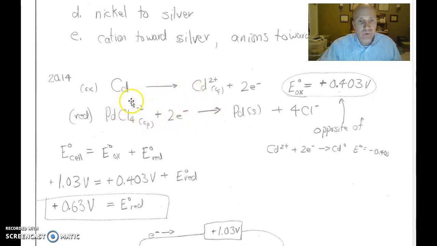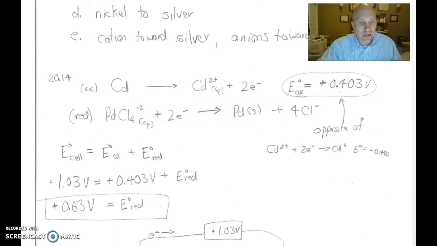All right, so a way to think about this, when you look at the balanced reaction, which they provide in the textbook, we can break it up into an oxidation half reaction and a reduction half reaction. All right, and so only one of these is given in the appendix of your textbook.